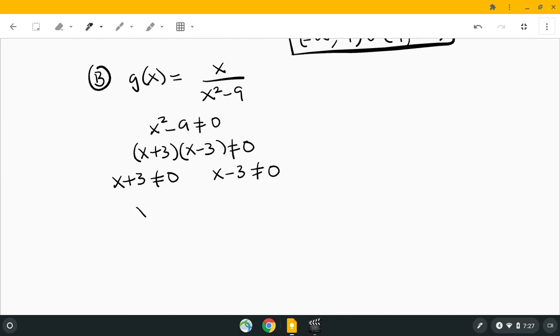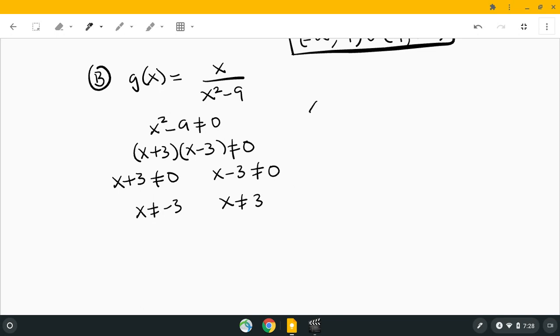So x cannot be negative 3, x cannot be positive 3, because if x is negative 3, then we get 0 in the denominator, which is undefined. If x is 3, then we get 0 in the denominator, which is undefined. So our domain is all real numbers except for negative 3 and 3.